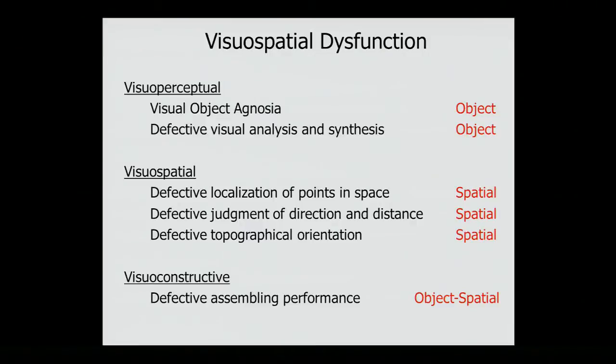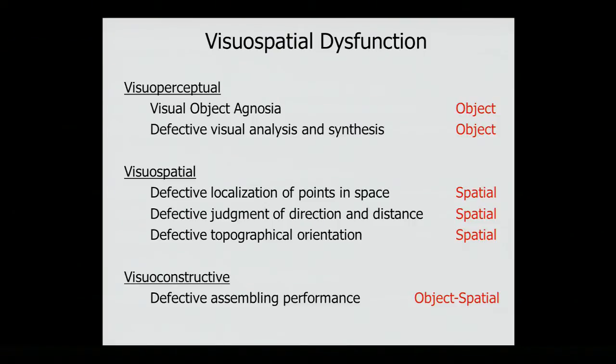So when we talk about visuospatial dysfunction, we are really talking about a number of different aspects of visual deficits in visual cognition. They can be broadly divided into those related to objects and those related to space. I've just listed a few things here. There are, of course, deficits in visual perception, so you can have visual object agnosia, not knowing what an object is, or you can have a deficit in analyzing and synthesizing components into a whole object.